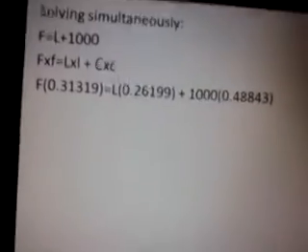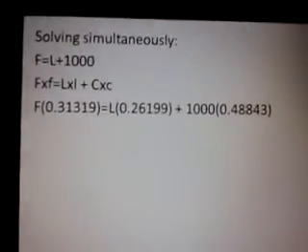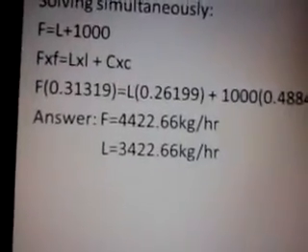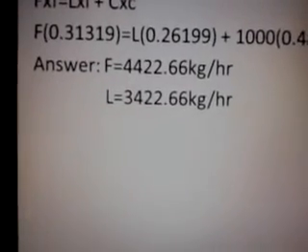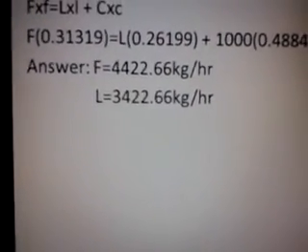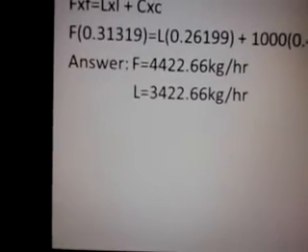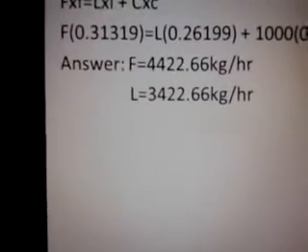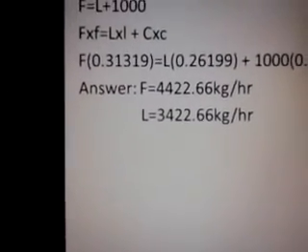Solving it simultaneously, we'll have an answer of F equal to 4,422.66 kg per hour, and the liquor's rate is 3,422.66 kilograms per hour.